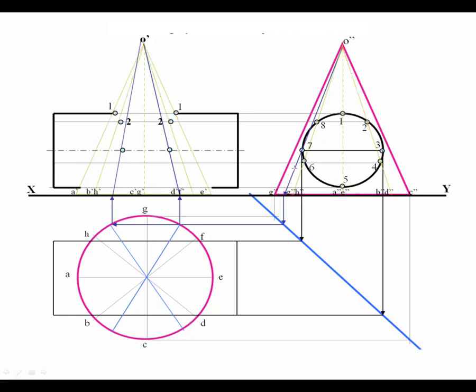Now, what I was telling, this point number 7 and point number 3 in side view, we have to draw one extra generator. And take projections of these points in the top view, and again from top view we have to take these projections in the front view. So mark one extra generator, join it with the help of O dash point.